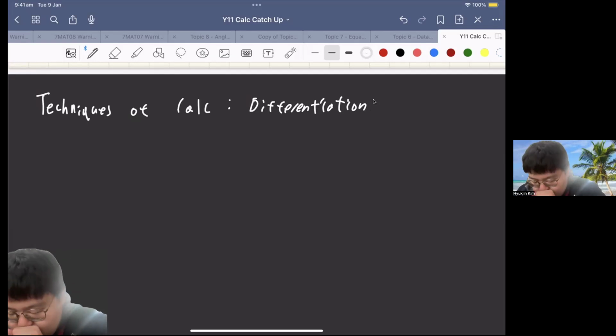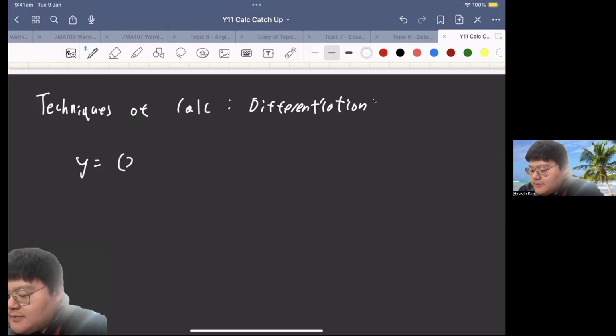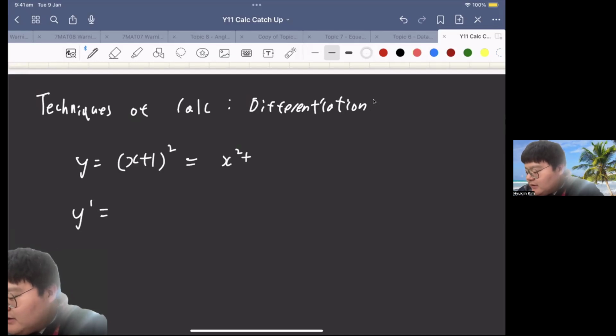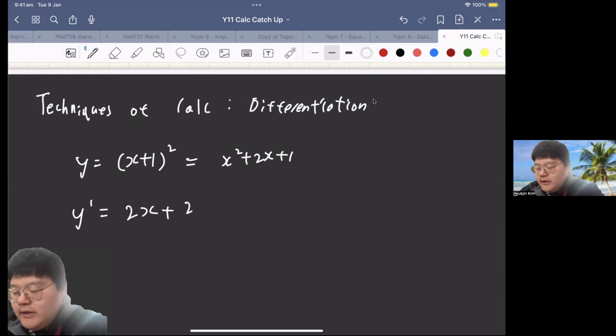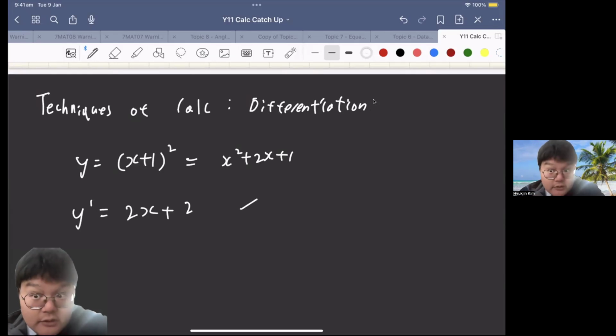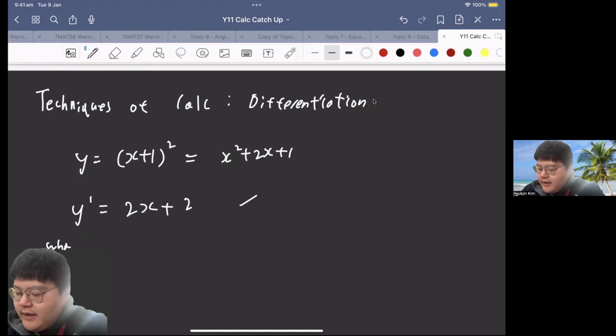As an example, if I had y equals (x plus 1) squared, and I wish to find y dash, you would say, oh, look, I would just expand this out, and then I'd say, oh, 2x plus 2. And that's all done. The problem is, what if we have more complex questions?